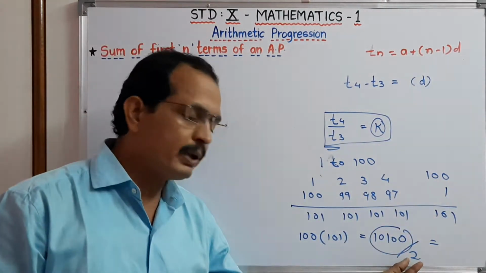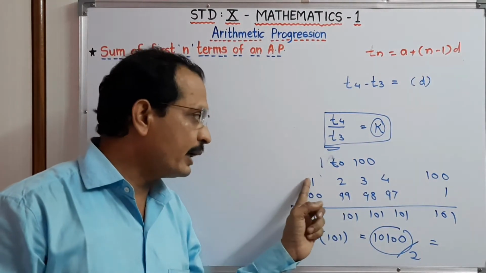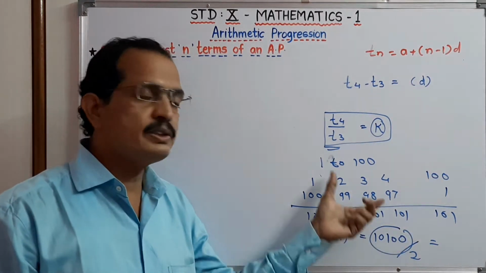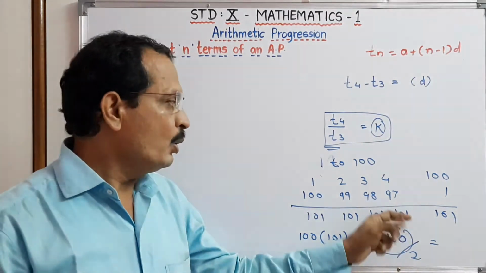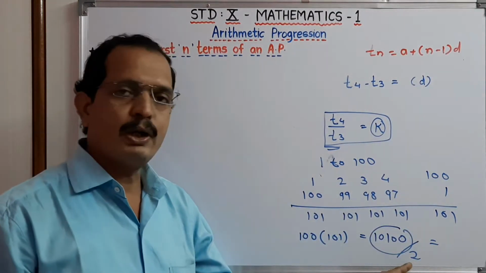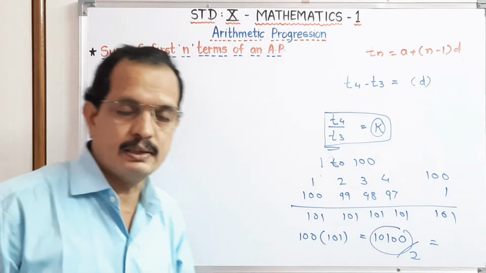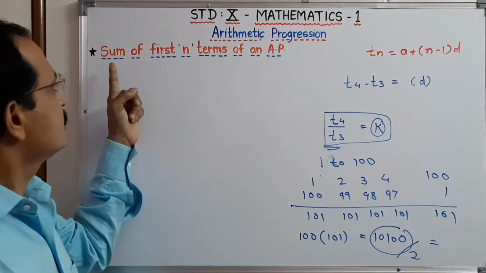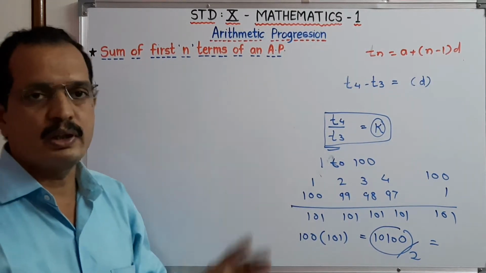Why did he divide by 2? Because he wrote the numbers 1 to 100 two times. That means this sum is for two times. Therefore, he wanted the sum for one time, so he divided by 2 and got the answer easily. By using this method, we can find the sum of the first n terms of an AP.